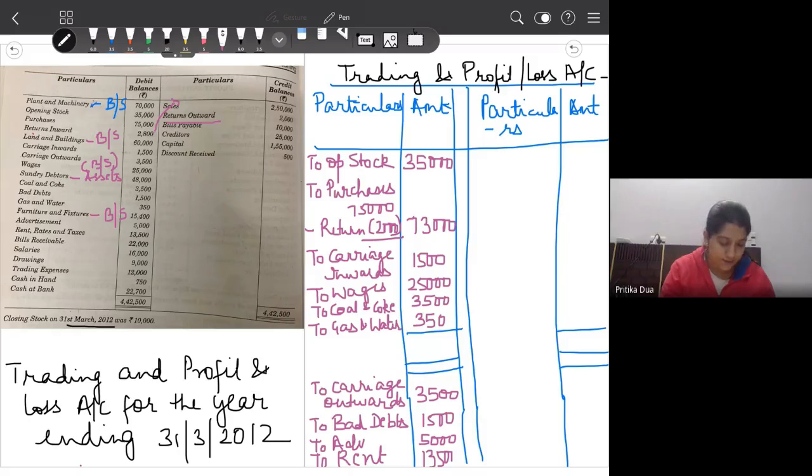Yes. Okay, then class, post that you have bills receivable. Now, bills receivable are given by debtors.